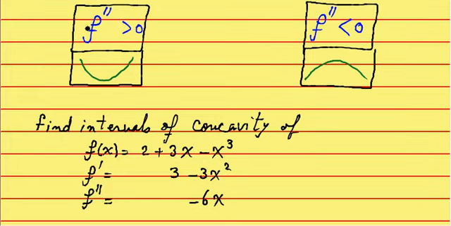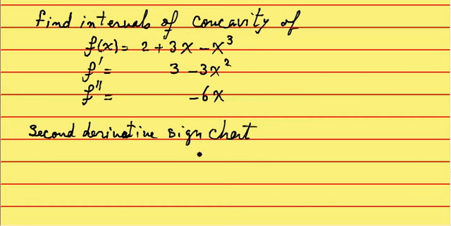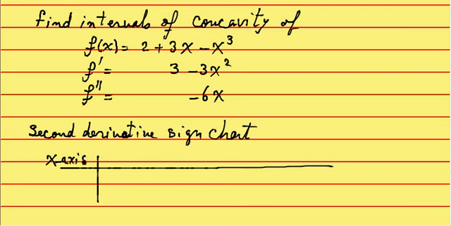Remember, again, we need to know the sign of the second derivative. So I go ahead, make a table. I make a second derivative sign chart. It's going to look something like this. Here, I make my x-axis. It goes from minus infinity to plus infinity.